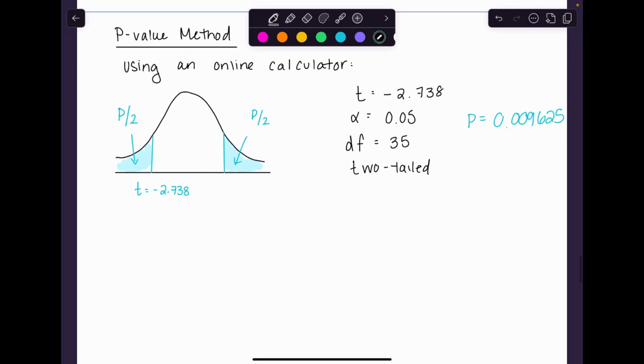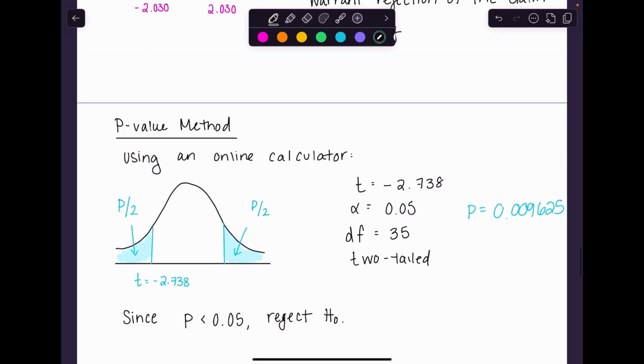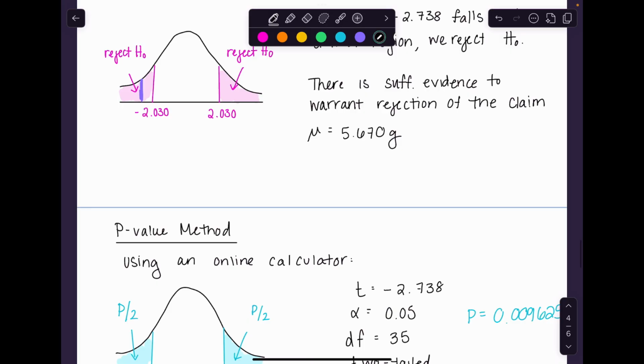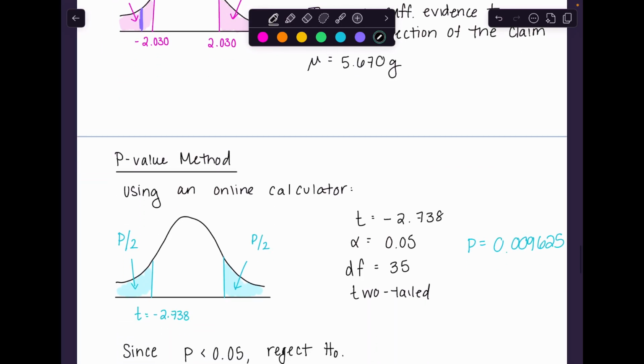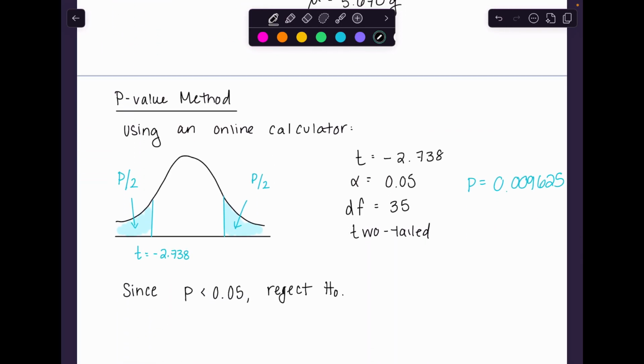But here, since our value of P is less than alpha, which is 5%, we reject the null hypothesis, which still gives you exactly the same conclusion. There's sufficient evidence to warrant rejection of that claim that our mean is equal to 5.670 grams, okay?